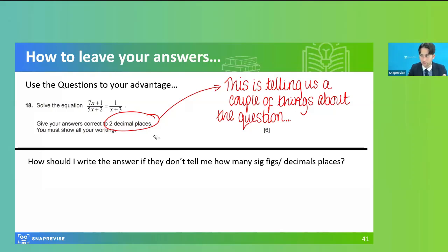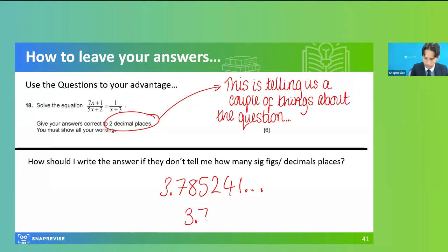So if they don't tell you how to round it, you tell them how you've rounded it. So if the answer is like 3.7852441 on your calculator, and they've not said how to write the answer, then you can write 3.79 to 3SF or to 2dp.